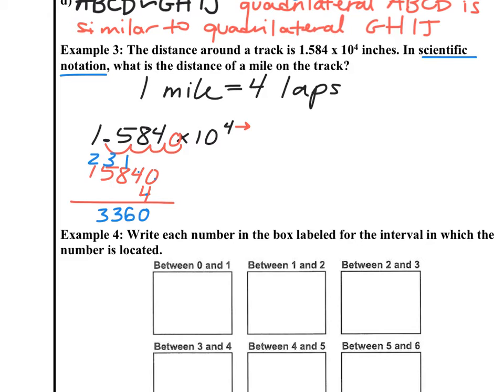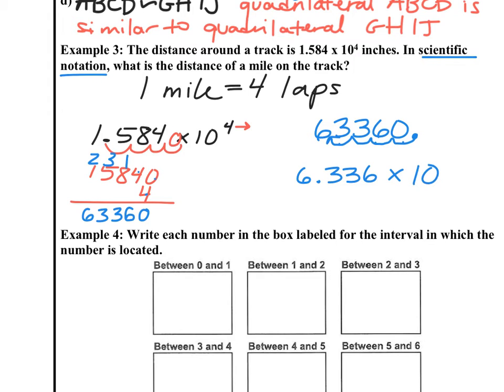Carry the 2, and 4 times 1 is 4, plus 2 is 6. So I get 6, 3, 3, 6, 0 inches, and now I'm going to move the decimal back so the number's between 1 and 10 and write it in scientific notation. I moved it 1, 2, 3, 4 times, so times 10 to the 4th.